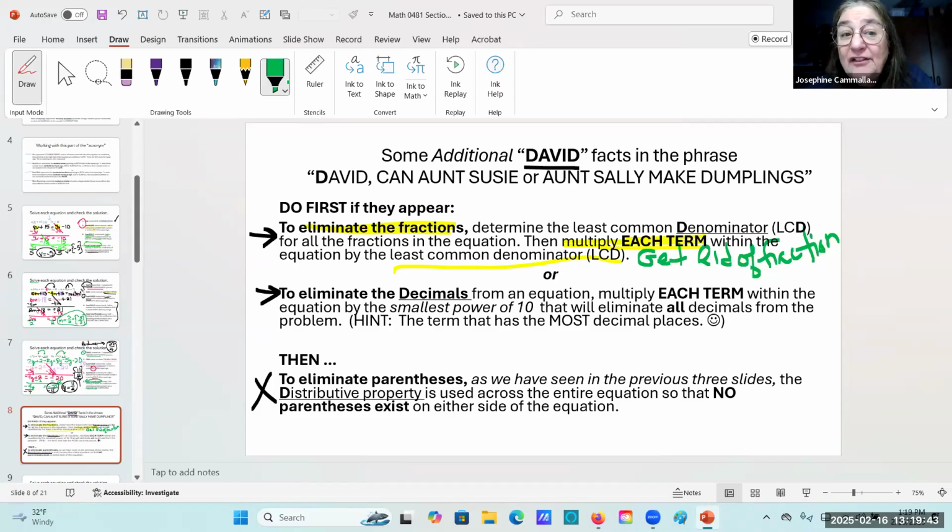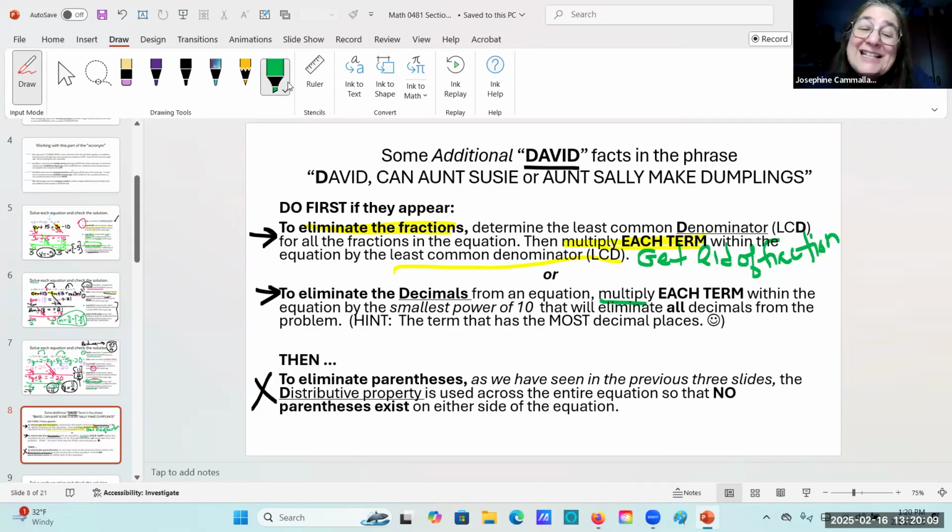A lot easier to solve. Okay, now the second part is when you have decimals. And because we're going to have story problems that deal with money, money is decimals, you are going to find that you are going to multiply each term within the equation by the smallest power of 10.